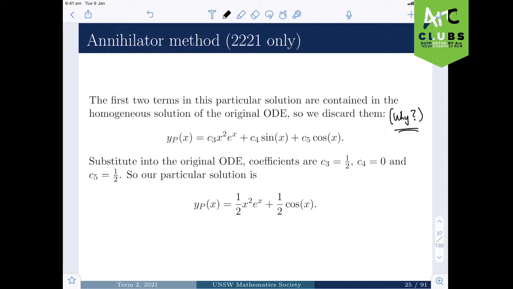Yeah, exactly. There's no point putting those inside the particular solution because they're going to be cancelled out by the homogeneous.